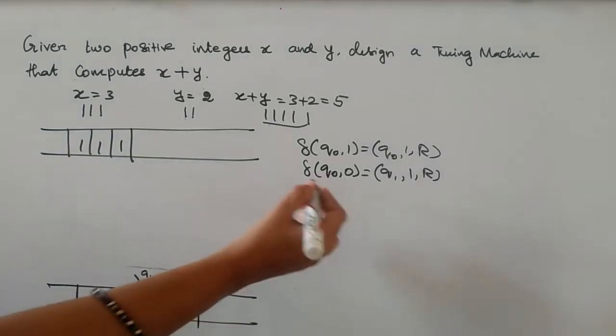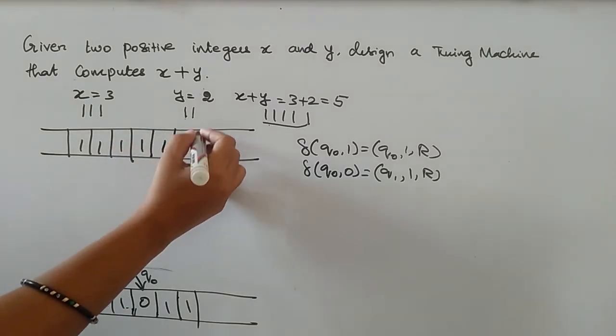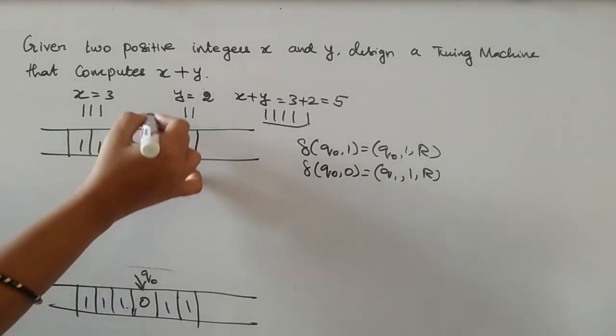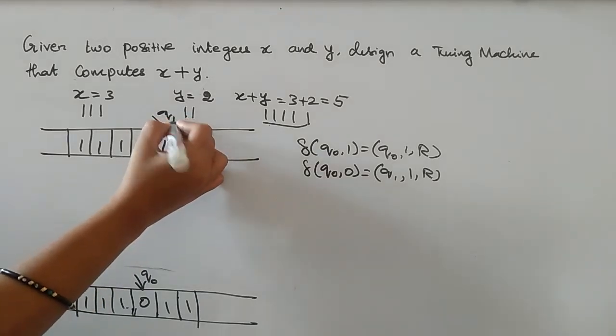Since the 0 is replaced by 1, here we can put 1, 1, 1. Now the read-write head is pointing to this one, and the state here is Q1.